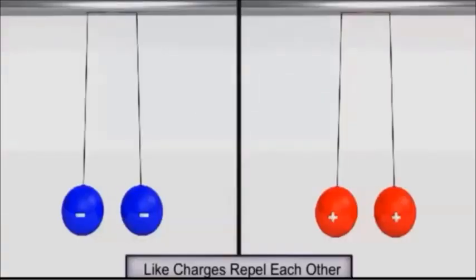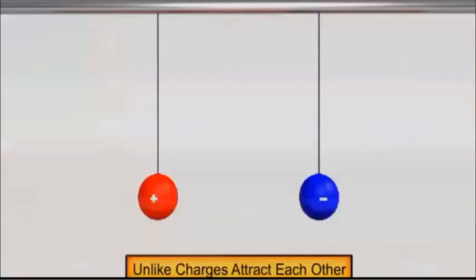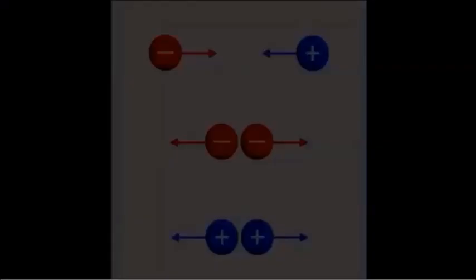And people also knew that like charges repel each other and unlike charges attract each other. But people were unable to calculate the amount of force acting between these charges or charged bodies.